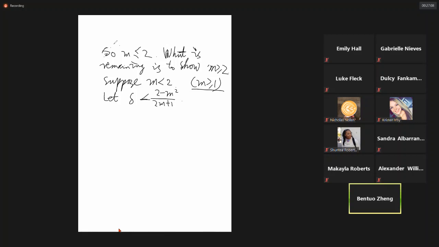Okay, so now we're going to show m plus delta is also a lower bound for S. Then we get a contradiction.